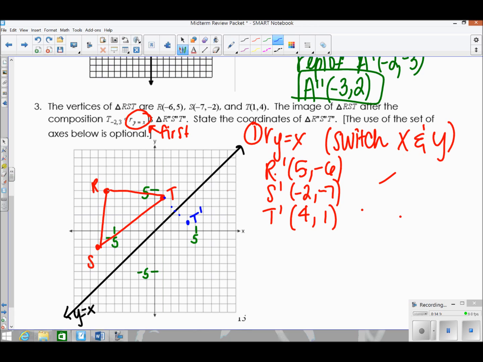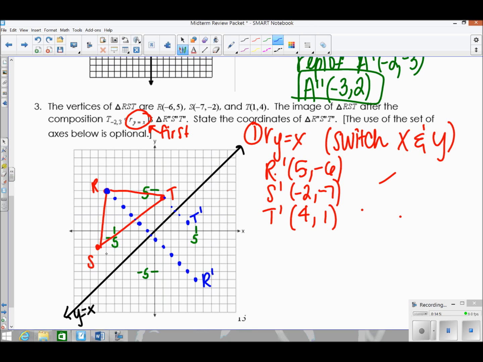So to start at R, 1, 2, 3, 4, 5½, so we're going to do a half, 1, 2, 3, 4, 5. And that'll get you R prime, which if you look is the coordinate 5, -6, so that checks out.